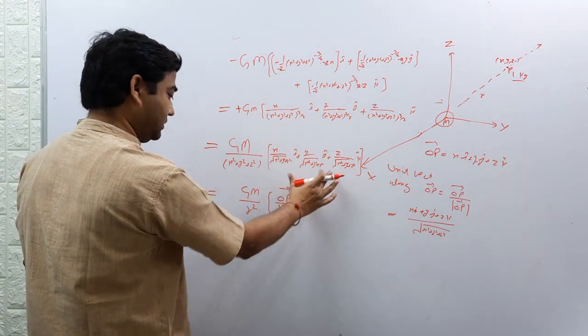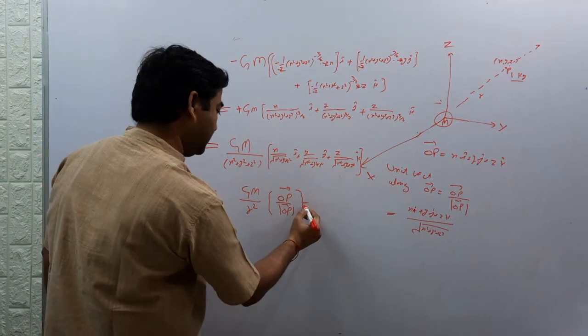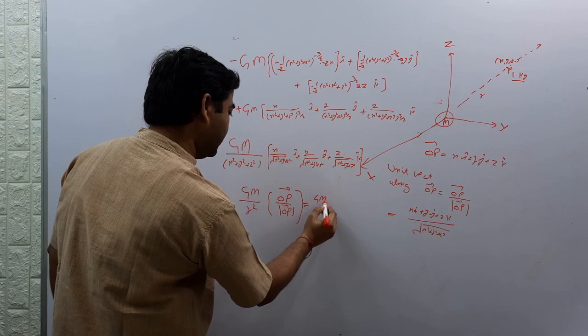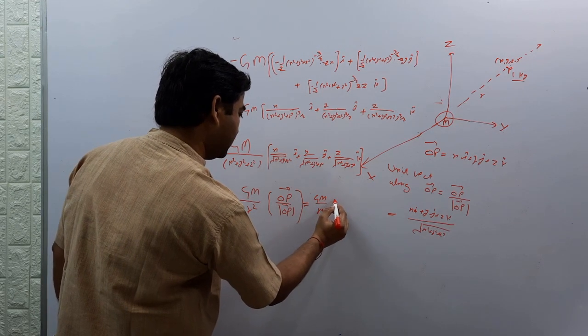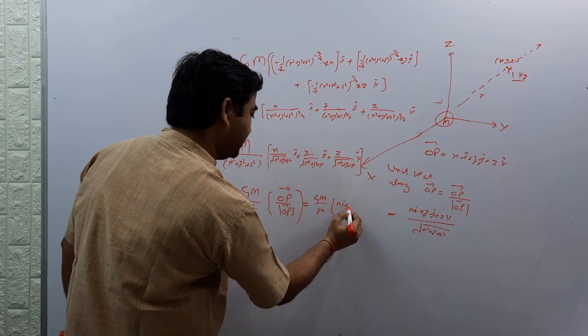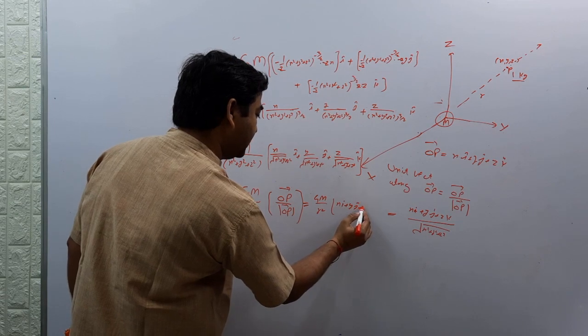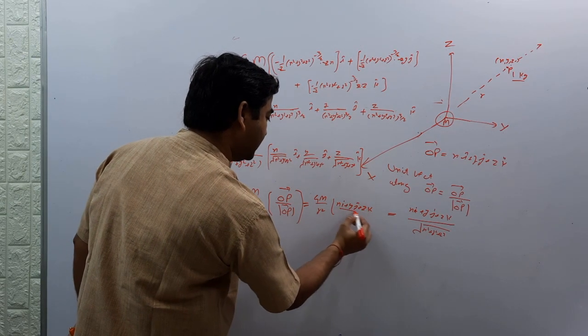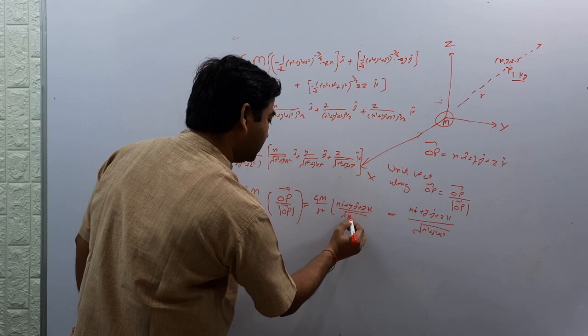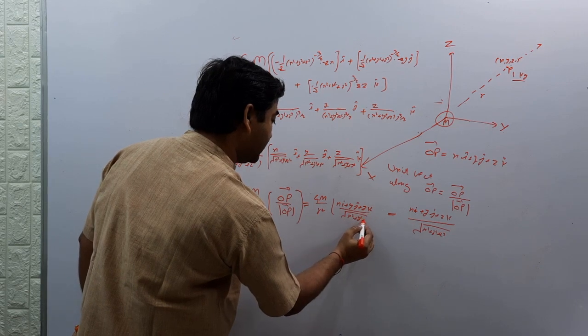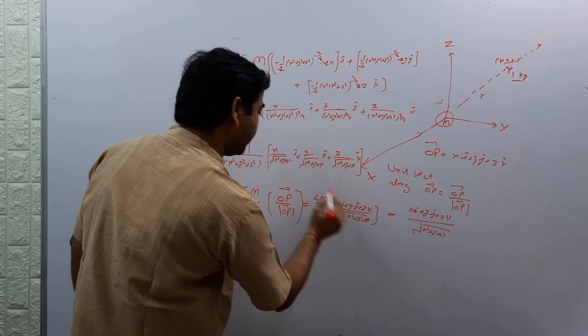That is the same thing. You can write it like this: Gm by r square times (xi plus yj plus zk) divided by under root x square plus y square plus z square.